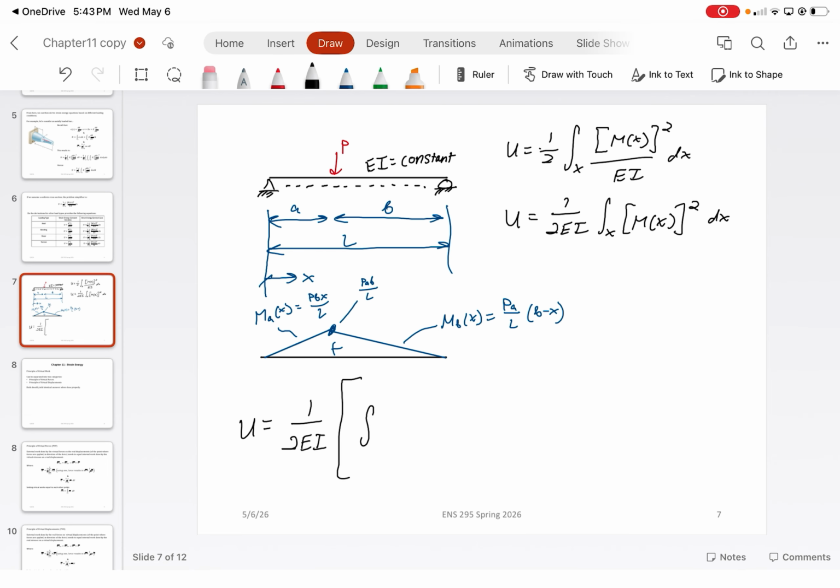And what we're going to end up with is an integral with respect to x, with bounds 0 to A of MA of x squared, which is just going to be (PB over L times x) squared dx, plus the integral from 0 to B of (PA over L times (B minus x)) squared dx.